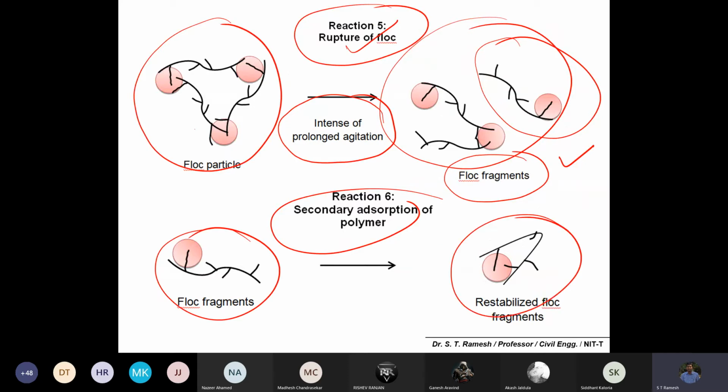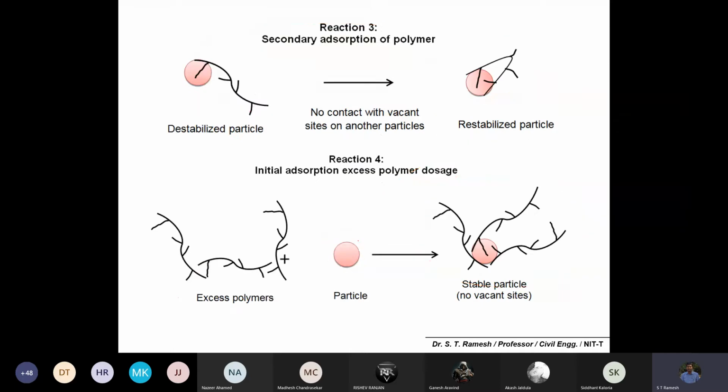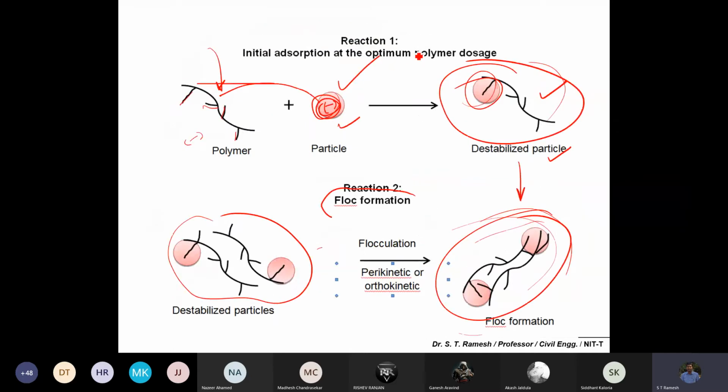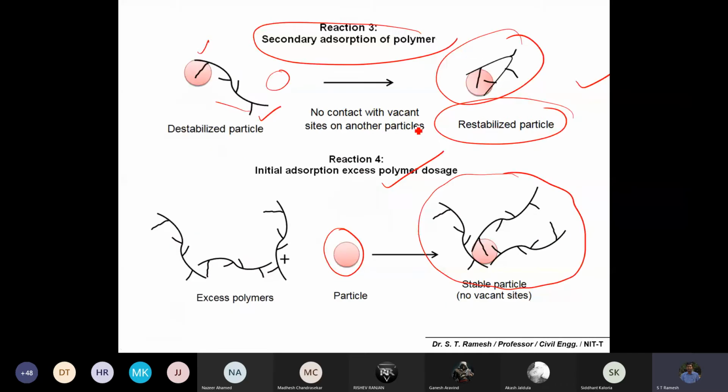So these are 4 or 5 different steps, and let me recall one more time. One is initial adsorption with the optimum dose, it will go perfect. Second, 2 individuals may form a flock, flock formation. If the active sites are not there, it will go for secondary adsorption of polymer like this. And if there is excess addition of polymer, there could be a condition like this.